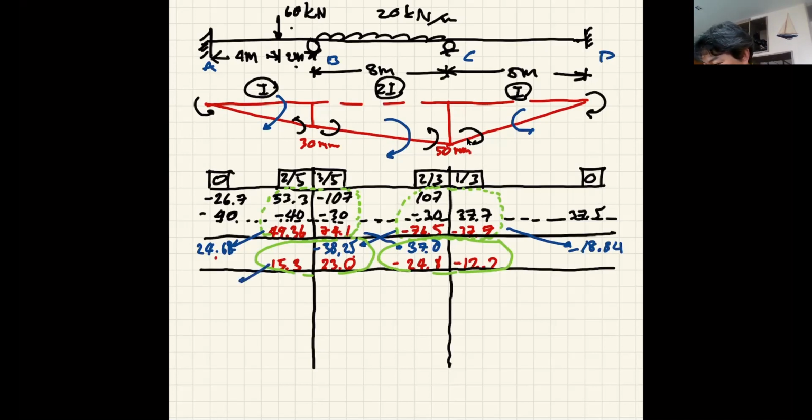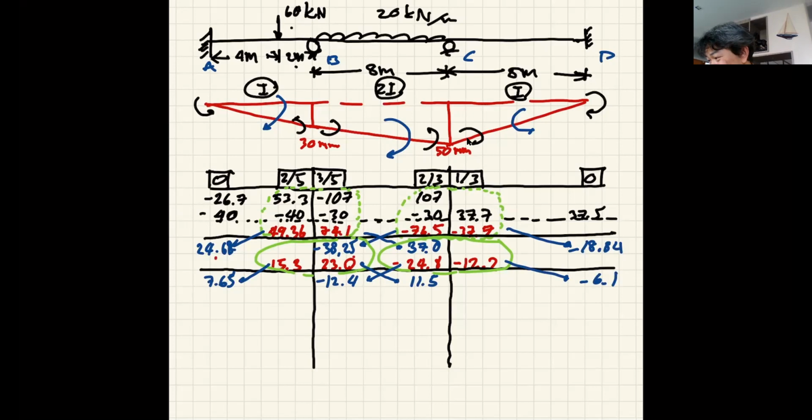It's about 7.65. Carry this over. So that's minus 12.4. Move this, and it is 11.5. Move this here. It's minus 6.1. Okay, and balance it again.